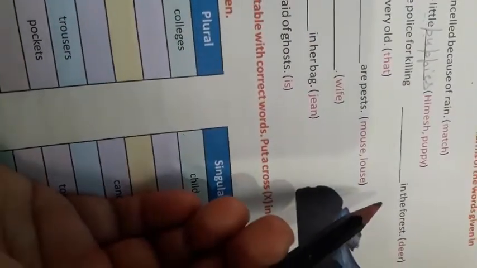Salluram was caught by the police for killing dash in the forest. So deer; as I told you, it always remains the same. They do not change into the plural. Dash trees are very cold. Here, according to trees, the determiner is going to be changed into those.